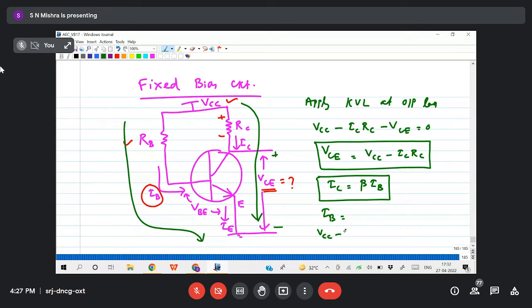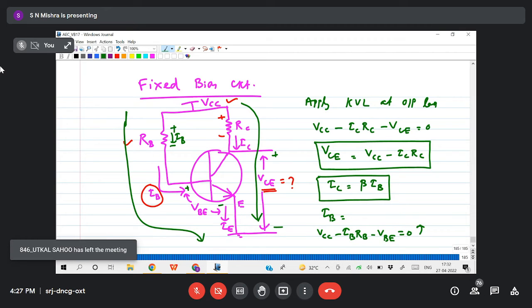So VCC minus IBRB minus VBE equals to 0. Then you can find IB equals VCC minus VBE divided by RB. This is your base current.